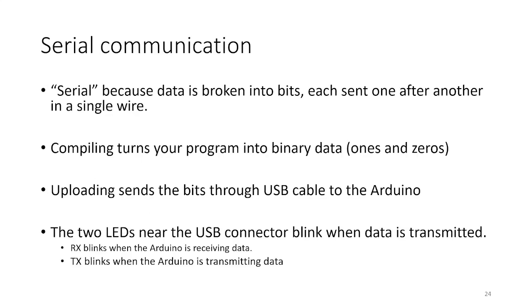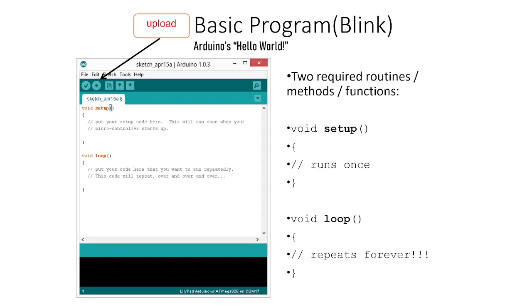We are not going deeper into serial communication; I think I have talked about this one. For serial communication, the Arduino must be connected to your computer. But advanced users can also implement wireless serial debugging or serial communication using, for example, Bluetooth. So this is the basic program.